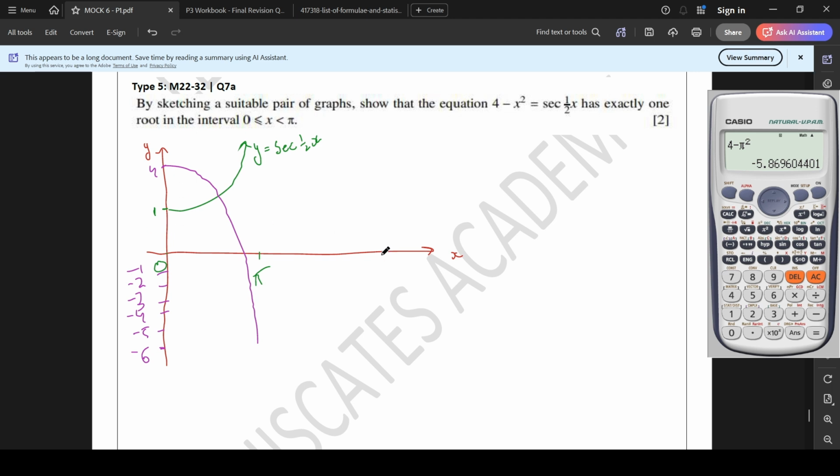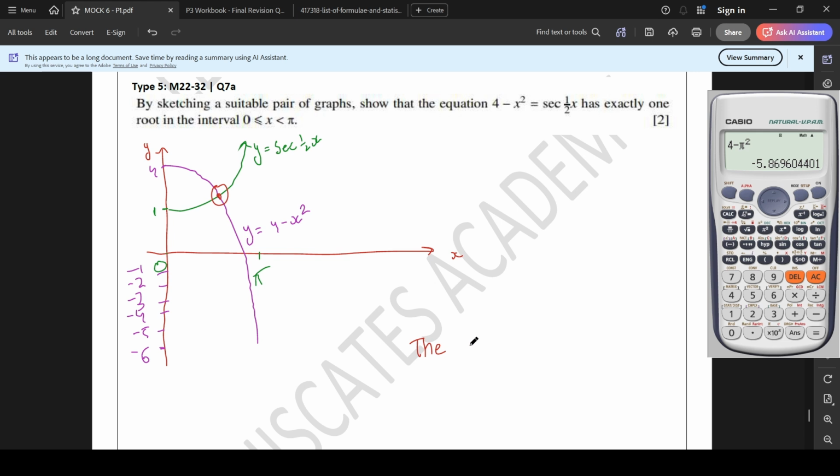So these are the curves that I've drawn in between 0 to pi for both 4 minus x square and sec of half x. And of course, I need to label this. This is y is equal to 4 minus x square. And in between 0 to pi, I can see that there is only one intersection. You can just write a conclusion.